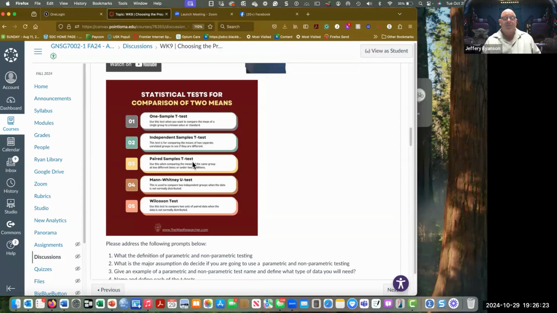A paired sample t-test is when you do a pre and a post. You can do a pre, a post, another pre, another post. You can have multiple in there, but you're looking at the means of 2 groups. Use this when comparing the means of the same group of people.